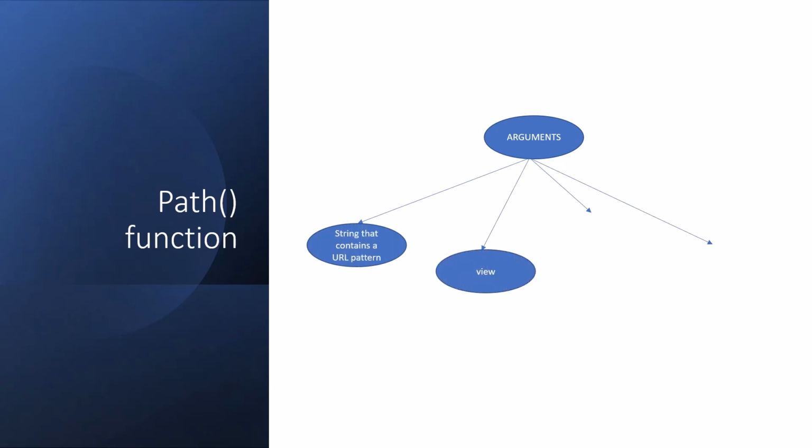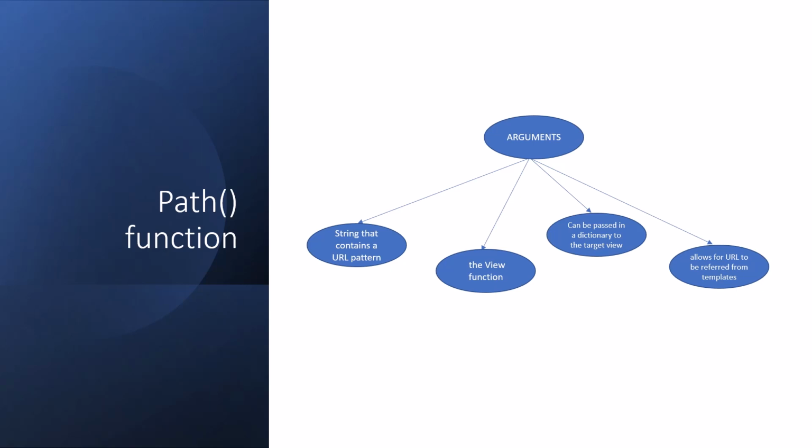Then we have the view, which is the view function that will be called. We have keyword arguments, and we can send arguments to the view using a Python dictionary. And then we have the name that we can use to refer to this view in our templates.